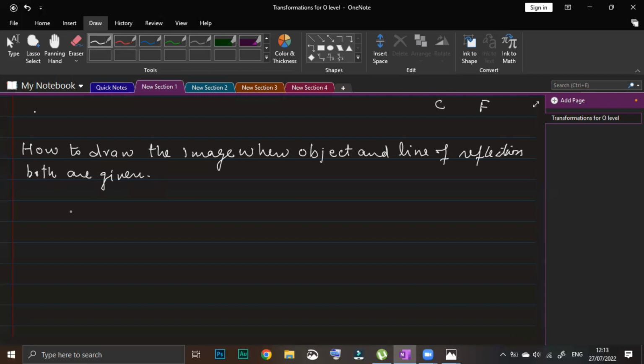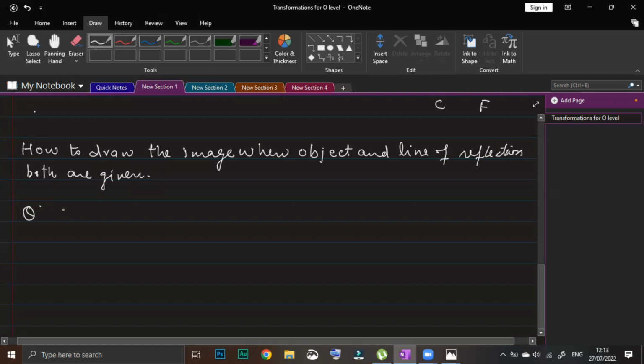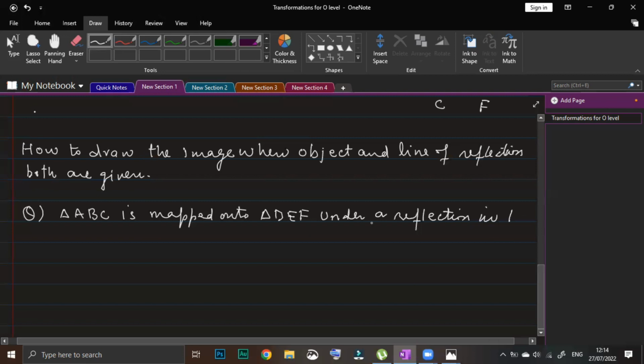The question is, triangle ABC is mapped onto triangle DEF under a reflection in the line L. Draw the image triangle DEF.